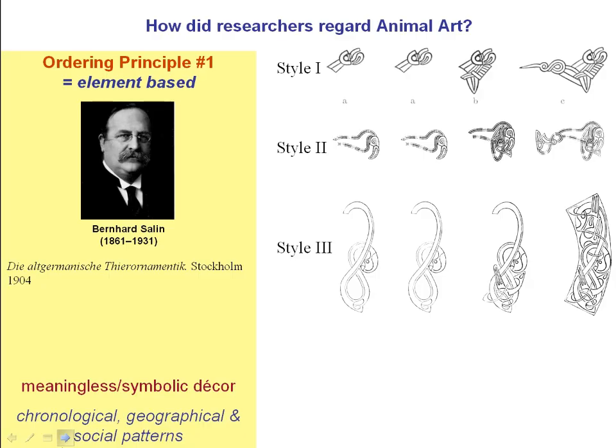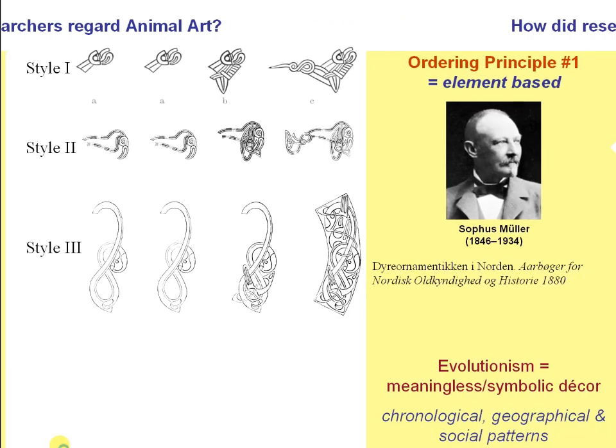Style 2 consists mostly of beasts that have been constructed according to the ribbon principle, where different parts of the beasts are constructed as interlacing ribbons, and it spans the very last part of the migration period we do know today until the end of the Merovingian period or Vendel period as it is known in Scandinavia, so around 750.